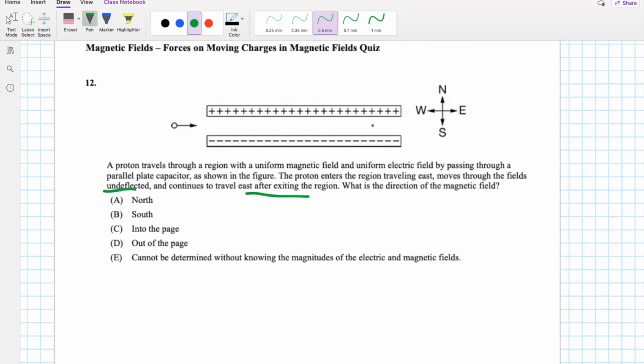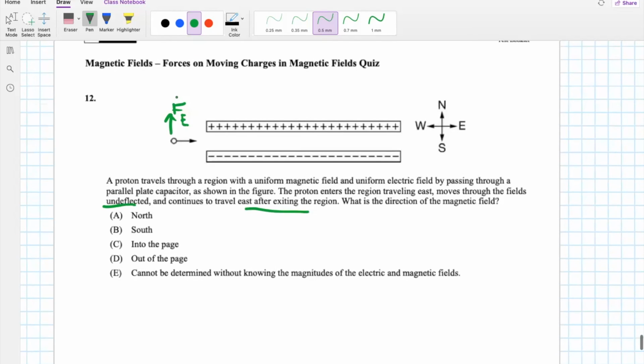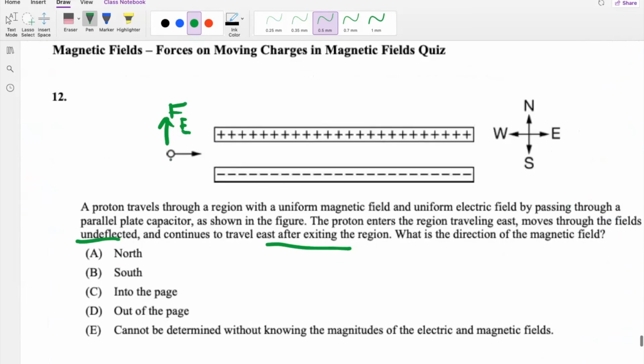Sounds to me like, well, there has to be a magnetic field here that causes it to move undeflected. Because originally, if this is a proton, the electric force is going to be up. And therefore, to travel undeflected, the magnetic force should be pointing down with equal magnitude.